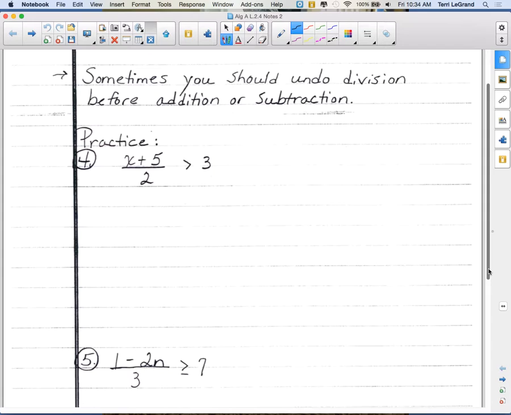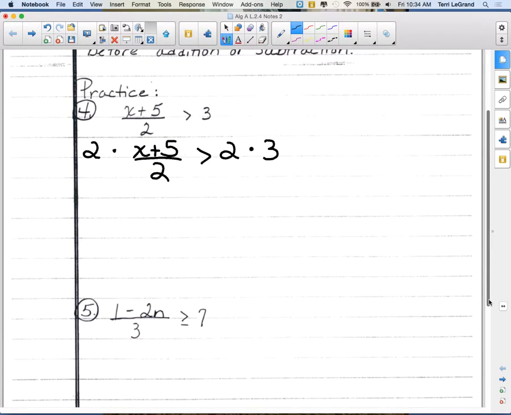So we're going to undo the dividing by multiplying by that 2. We show multiplying both sides by 2. We're going to undo the dividing first, because what we really can do is make this 2 into a fraction by putting it over 1.